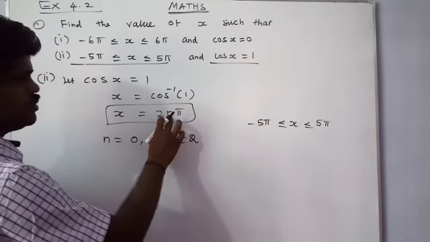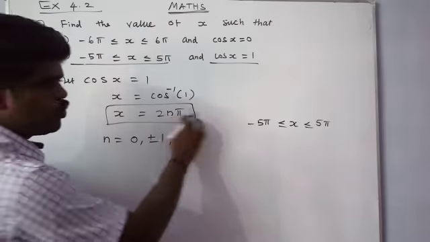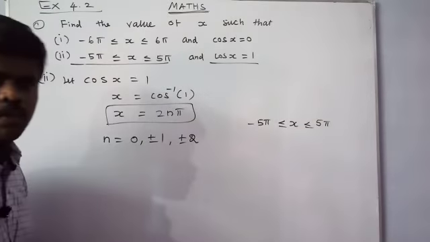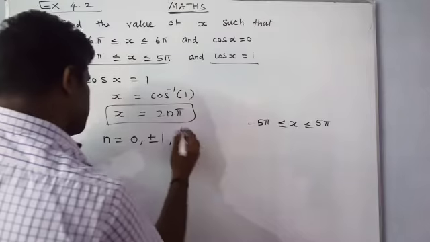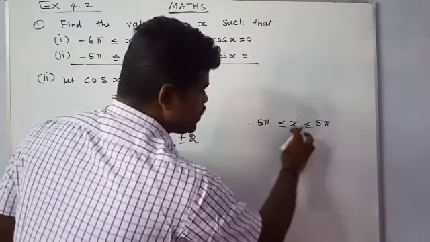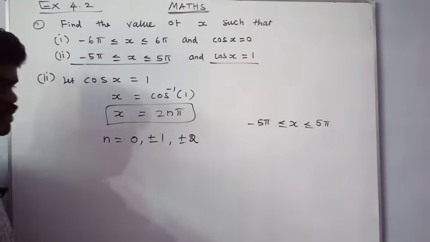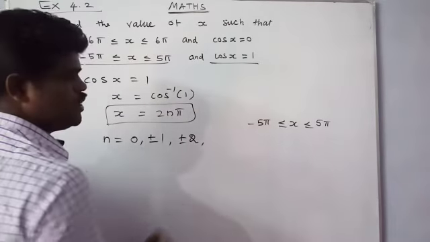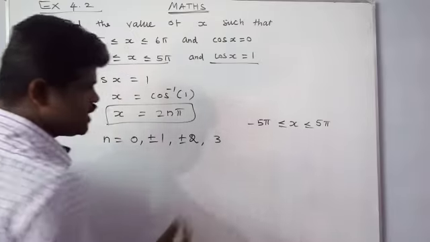Suppose n equal to 2, 2 into 2, 4, 4 pi lies between this value, and minus 2, minus 2 into 2, minus 4, so minus 4 pi lies between this value.